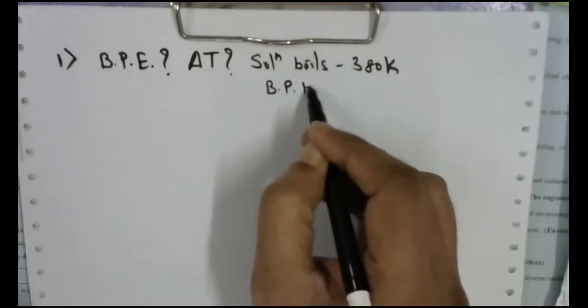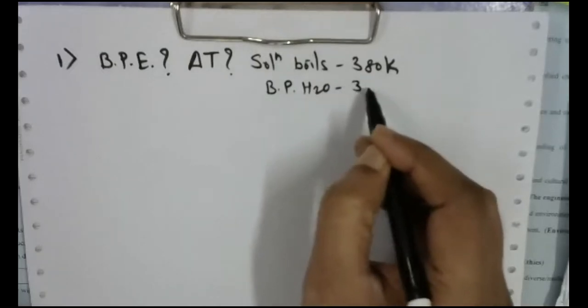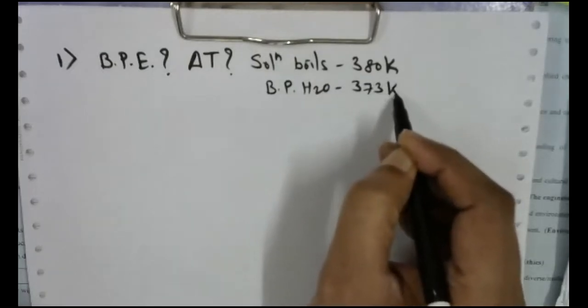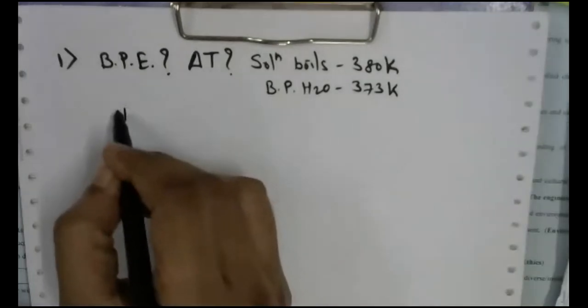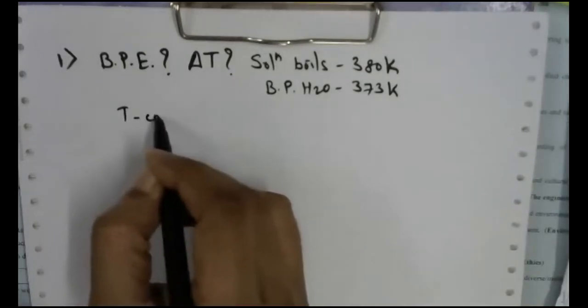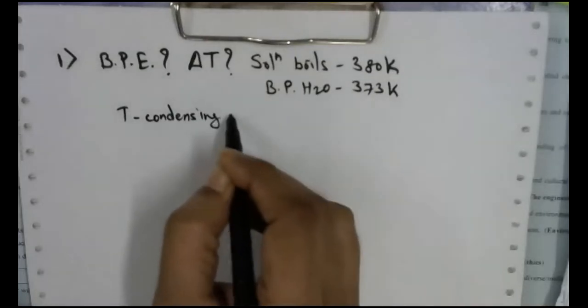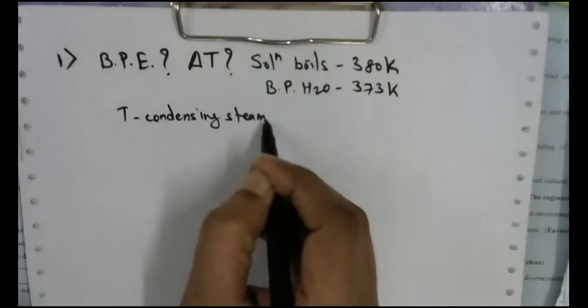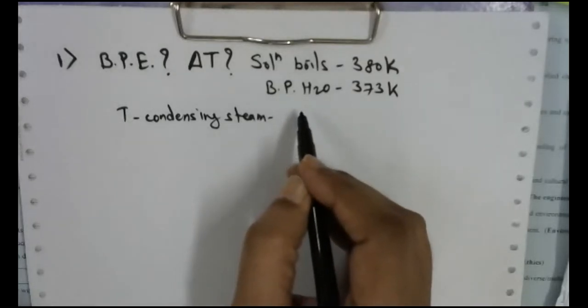The temperature of condensing steam is 399 Kelvin.